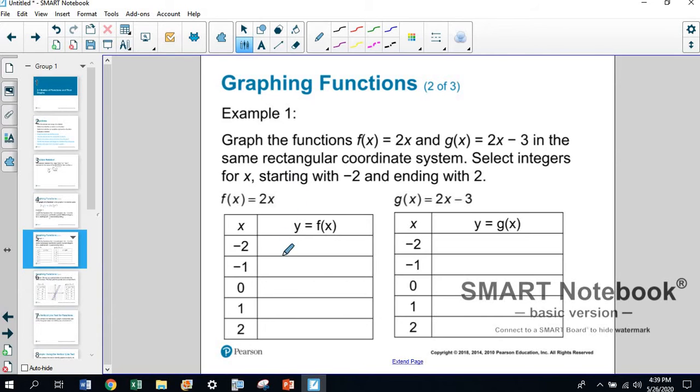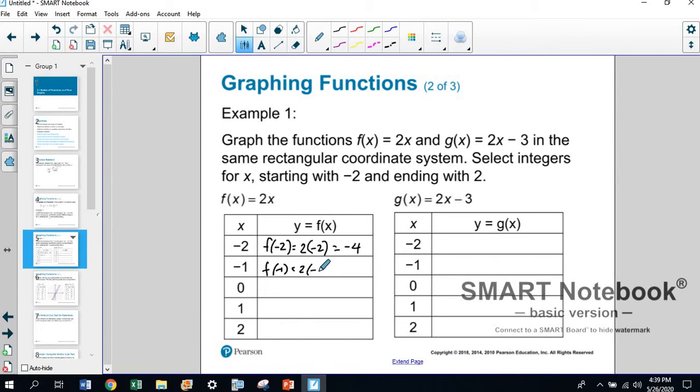So how does this work? If x equals -2, then that means we want to find f of -2. How do we do that? We plug a -2 in where the x was. We get 2 times -2, which is -4. Find f of -1.